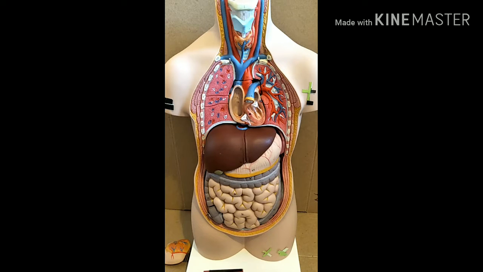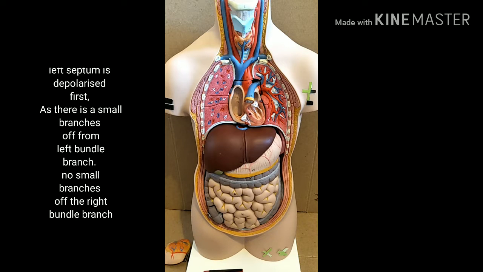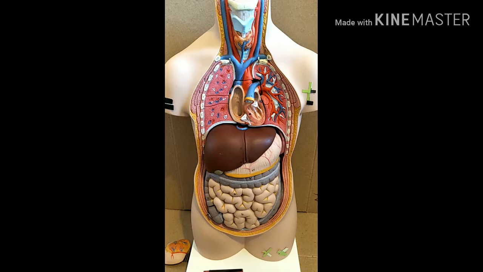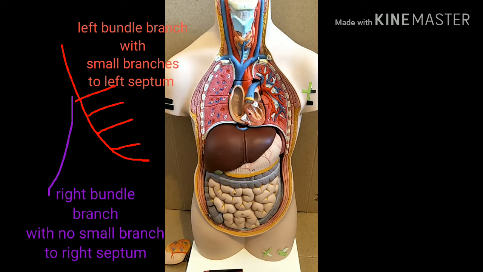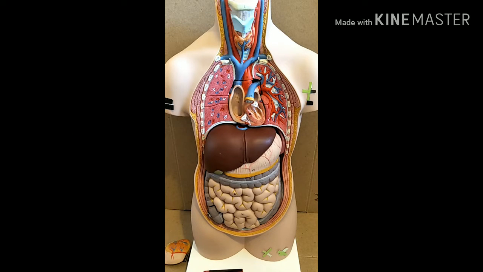Okay, now we move on to the AV node. For the AV node, the wave of depolarization will first reach your left septum. This is due to the fact that your left bundle branch has smaller branches that innervate your left septum, but there is no smaller branch that branches out from your right bundle branch.